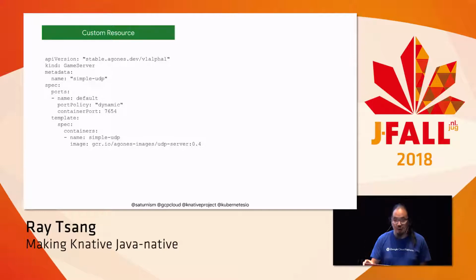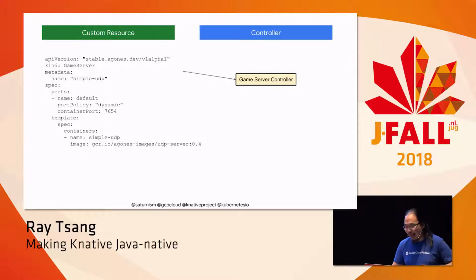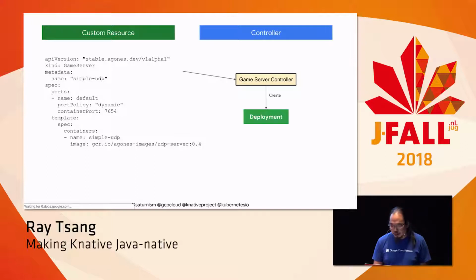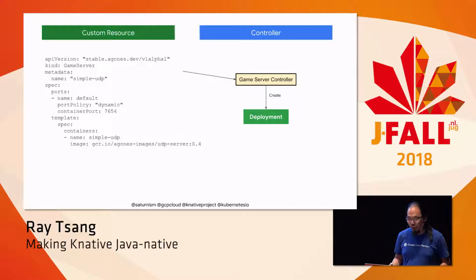And then you can push this into Kubernetes, and Kubernetes will simply store it. It won't do anything with it, except that if you added your own controller, then the controller can be listening to the changes to these documents, specifically the game server document. And then the controller will do what it needs to do to create the actual instances of the application and make them run.